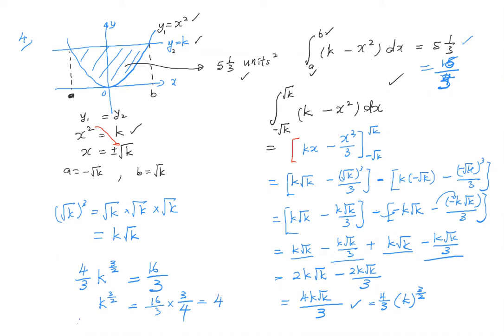So therefore, k is equal to what? 4 to the power of 2/3. Then you get the answer. Am I right? Let me check the answer, or any place that I have done wrong.